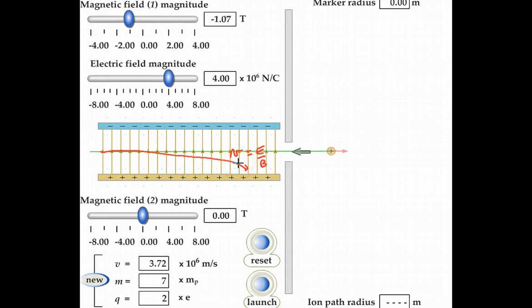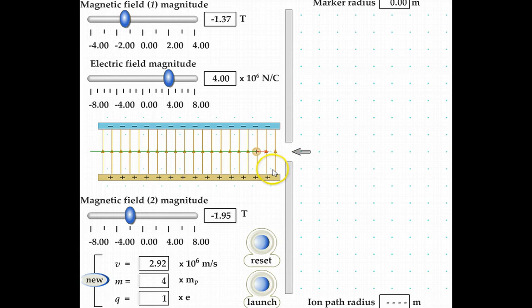And the slower particles will curve the other way and not make it through because of the stronger electric field. So the velocity selector really only selects particles with exactly this velocity, which is equal to the ratio of the electric field to the magnetic field.